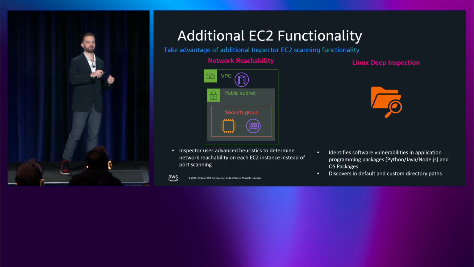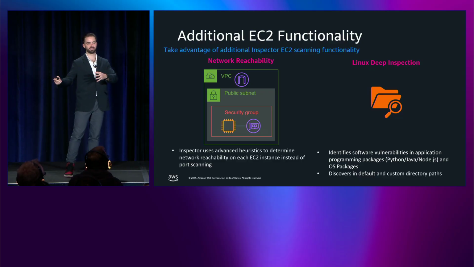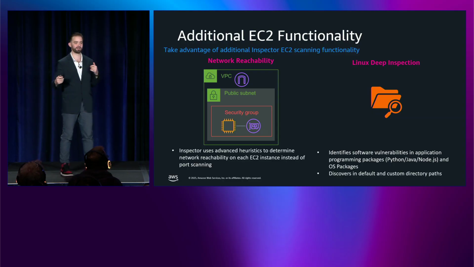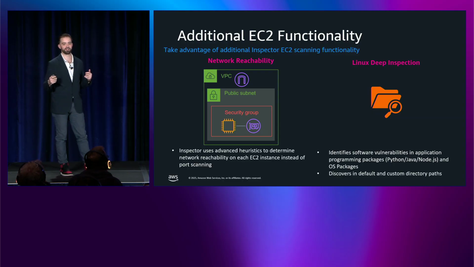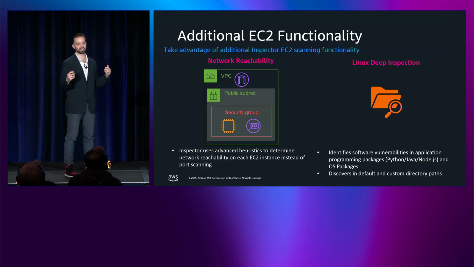We use the network reachability score based on our analysis to actually inform the Amazon Inspector score, which is our proprietary scoring that takes the base score from the vendors and our vulnerability intelligence information, and then it overlays information like network reachability to provide you a better indicator of the actual security risk for that specific finding on that specific EC2 instance.